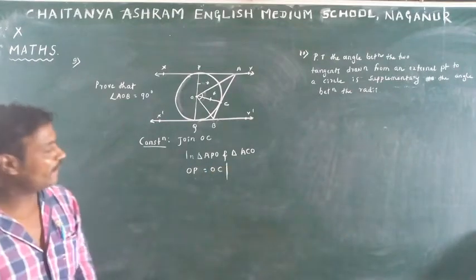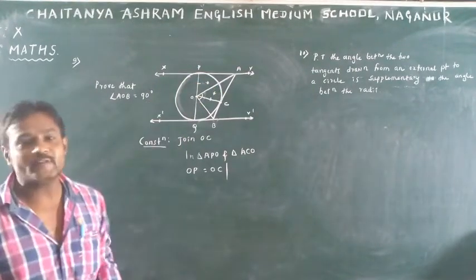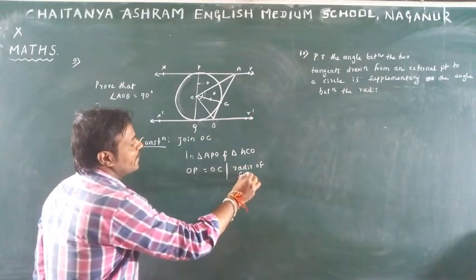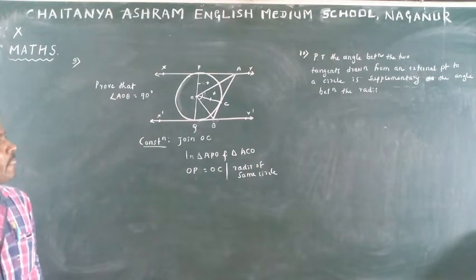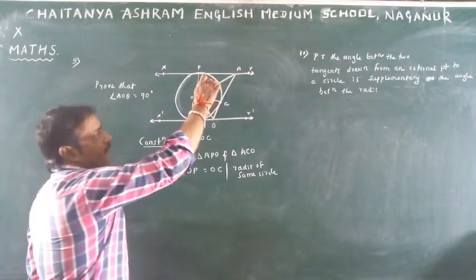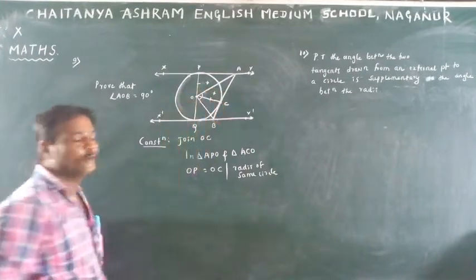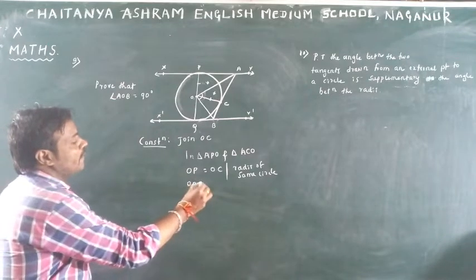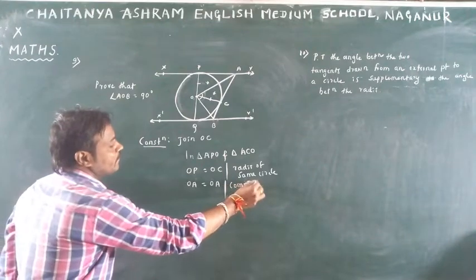Just tell me why these two are equal. Because they are the radii of the same circle. Radii of the same circle are always equal. Then observe here, the side OA of this triangle is also equal to the side OA of this triangle because it is common to both the triangles. So OA equals OA because common side.